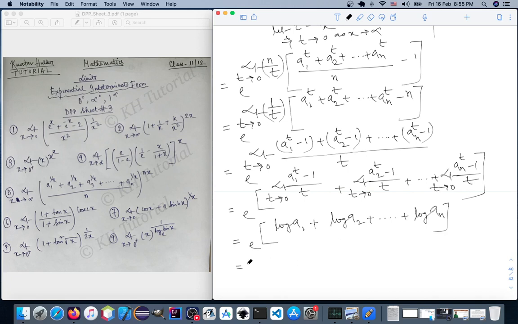If we merge all the log terms by using the formula log ab equals log a plus log b, we get this. All these logs have base e, so this becomes a1, a2, a3, an. This is the answer.